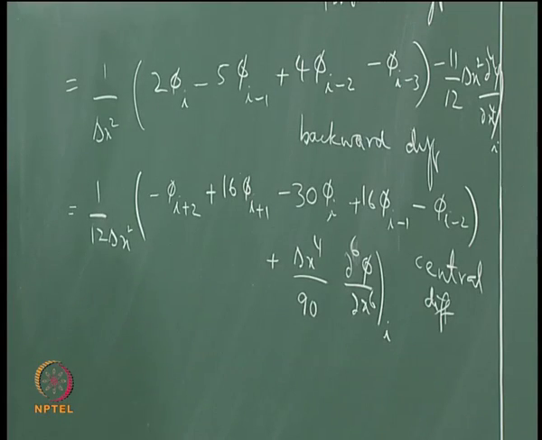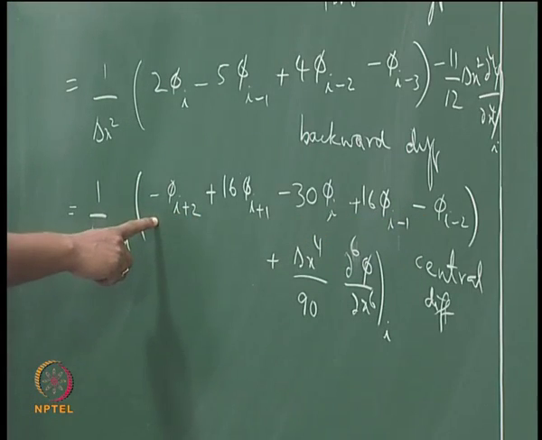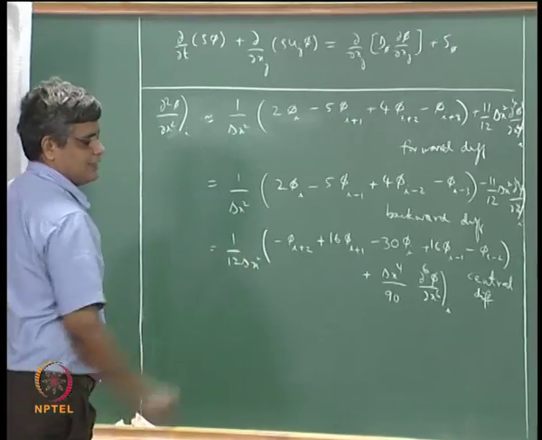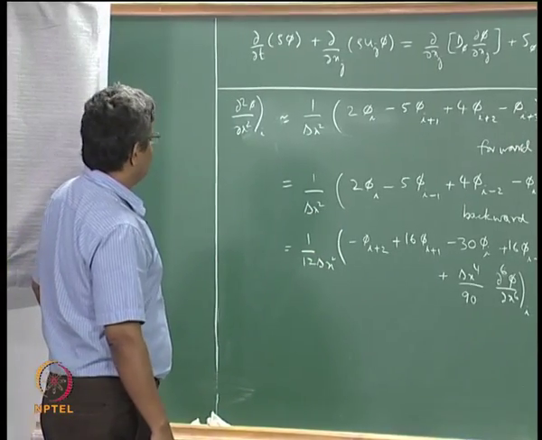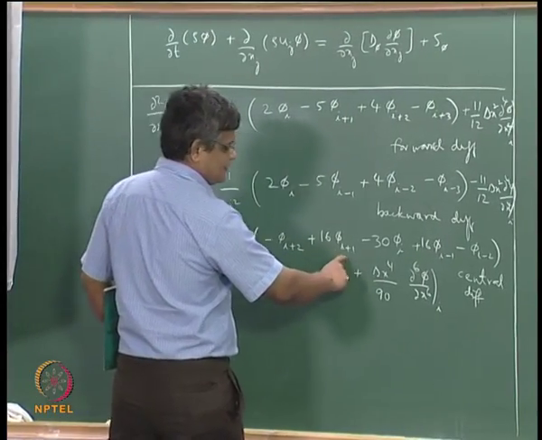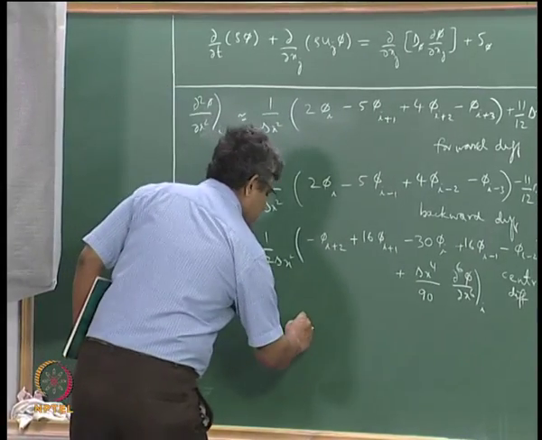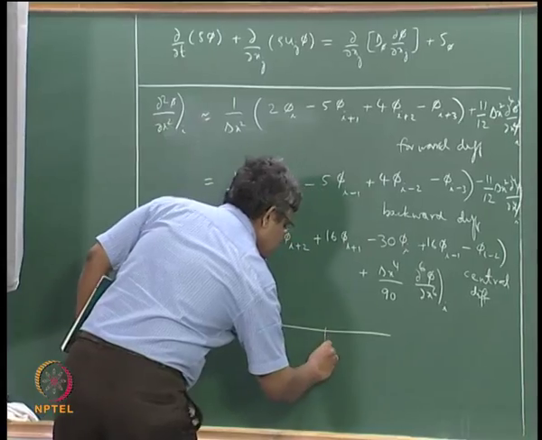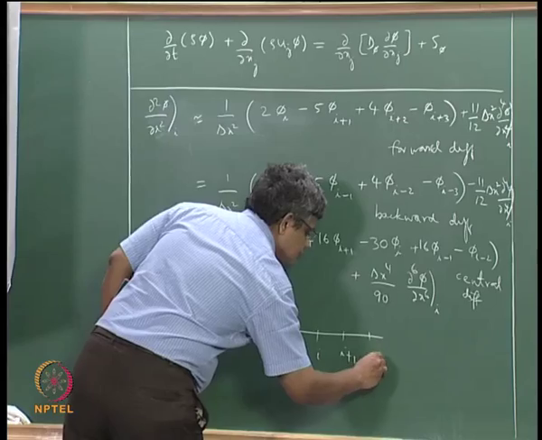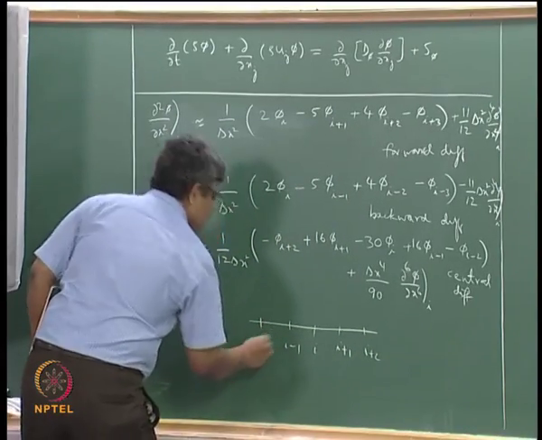We can also check the coefficients: minus 30, minus 1, minus 1, so that is minus 32, plus 16, plus 16, plus 32. So again they cancel out. What we notice is that as we go to higher order accuracy, the size of the molecule increases. So in this particular case we are looking at I here, I plus 1, I plus 2, I minus 1 and I minus 2.